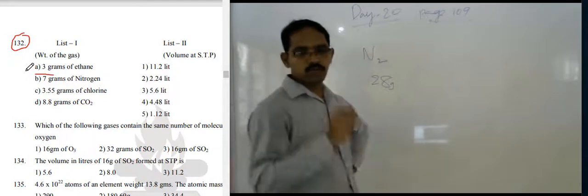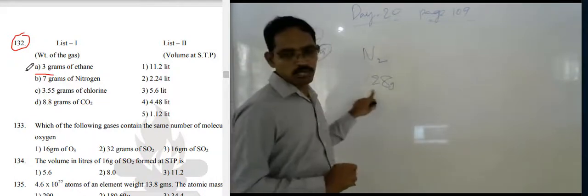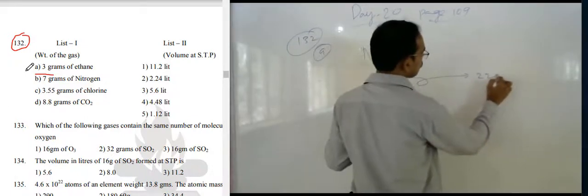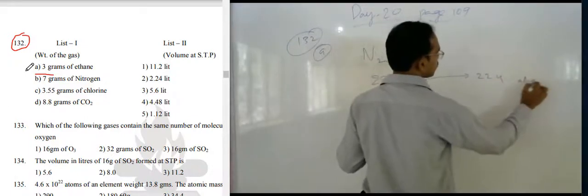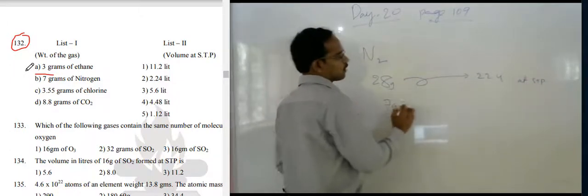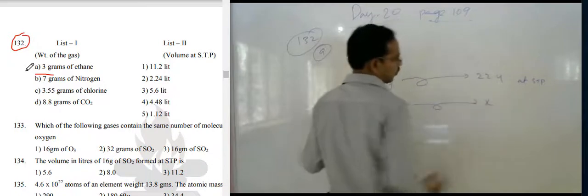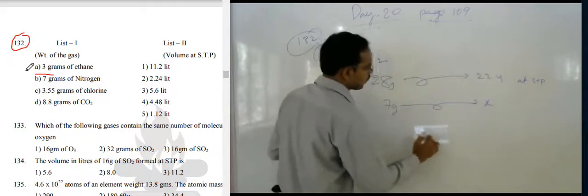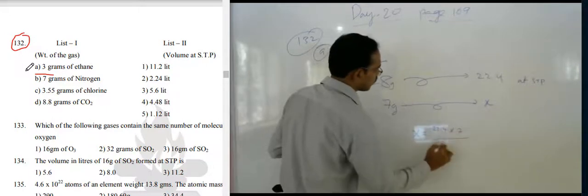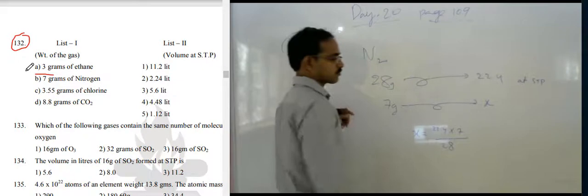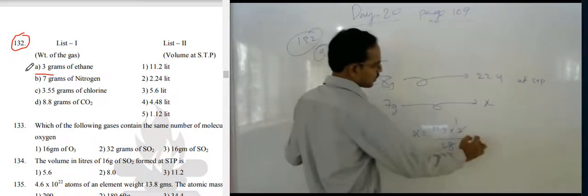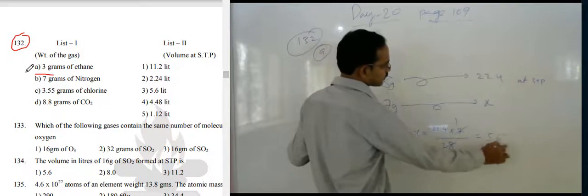Each single nitrogen 14, but 14 plus 14 is 28. 28 gram occupies 22.4 liter at STP. Now the question is asking 7 gram how much? Don't know, x. Then x equal 22.4 into 7 upon 28. 7 1 is 7, 4. So answer is 5.6.